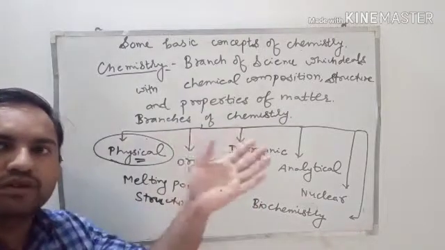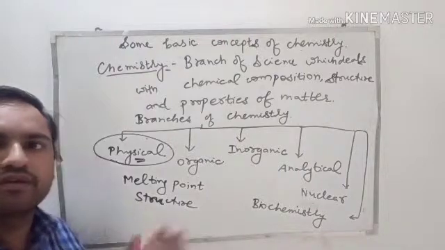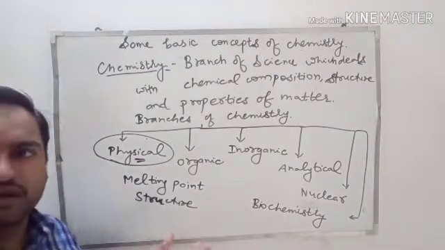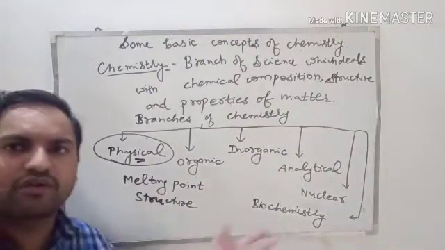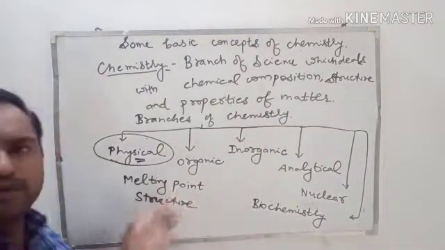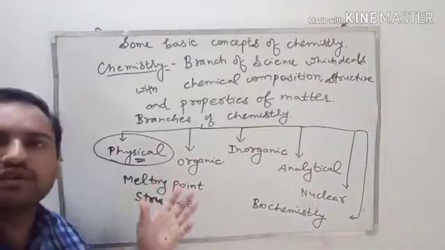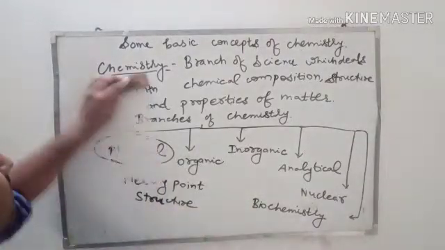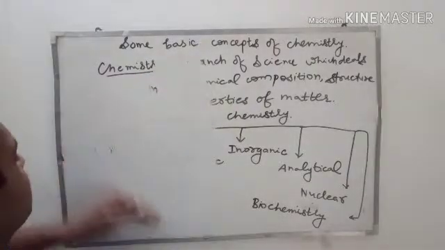The structure of atom, valence shell electron pair repulsion theory, VSEPR theory, different theories, different laws are there. Physical chemistry covers all the theories, all the laws governing chemistry and chemical compounds.